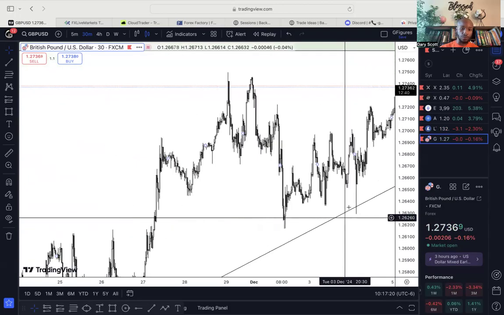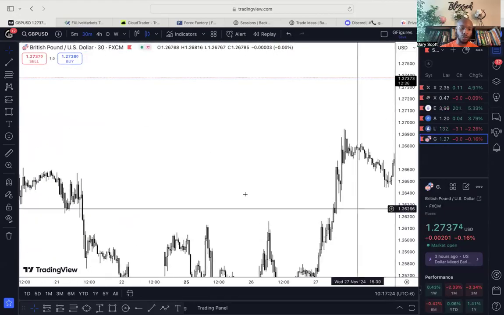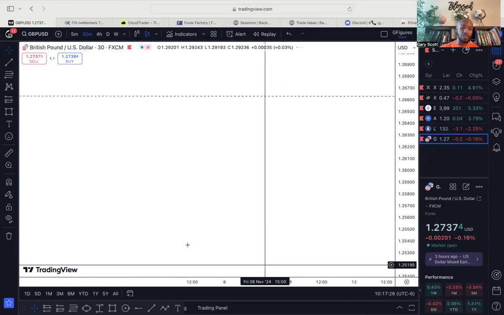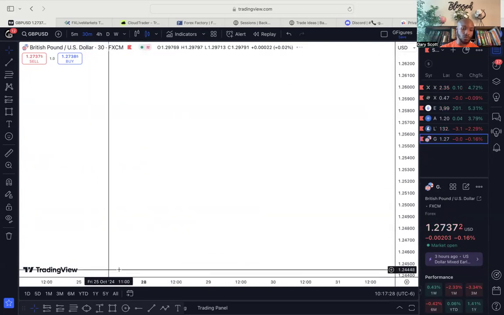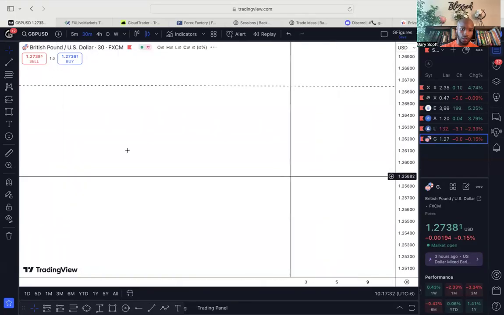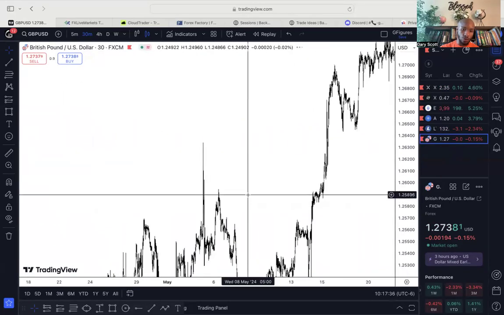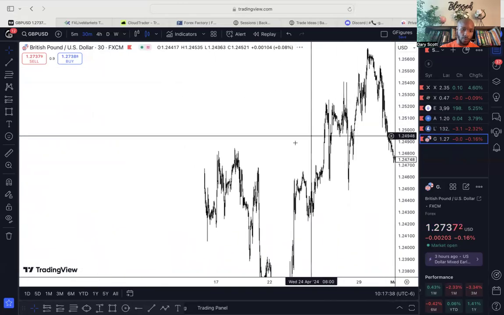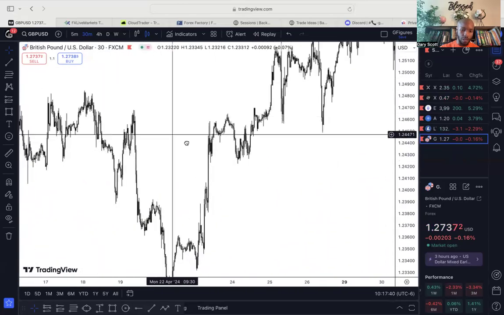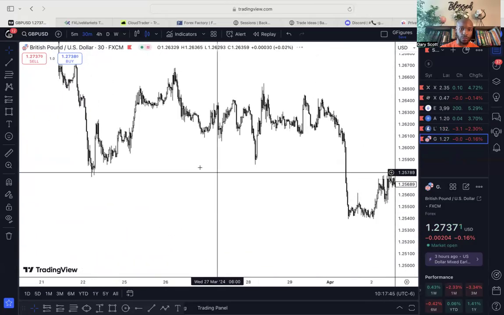So let's find an uptrend first. Let's scroll back in the past and find some trade setups that we can go over so you guys are on the same page. Let's see, I want to find a good one here.